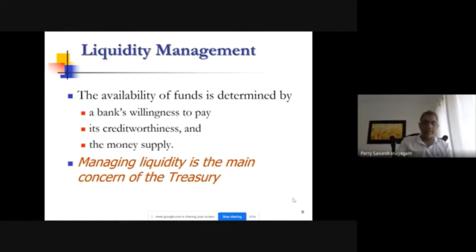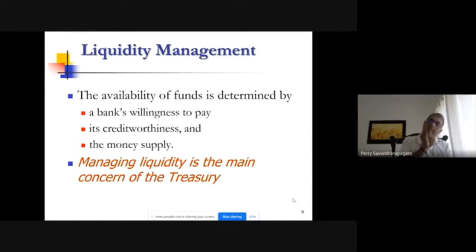If you are a bank that has demonstrated that it has always met its obligations, it has a good credit rating, and there is plenty of liquidity in the market. So the first 2 points are more internal to the institution itself. The third point is more to do with the market itself.